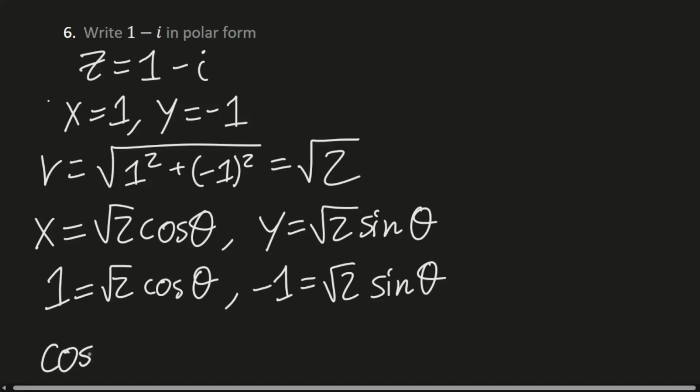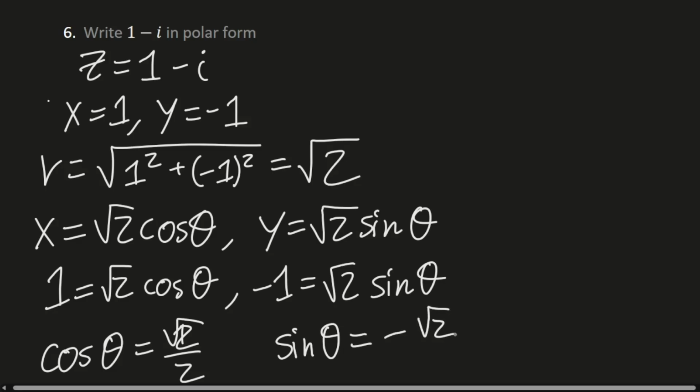So this becomes cosine of theta is equal to square root of 2 over 2. And the other one becomes sine of theta is equal to negative square root of 2 over 2. So now we have to find the theta that matches a negative sine and a positive cosine.